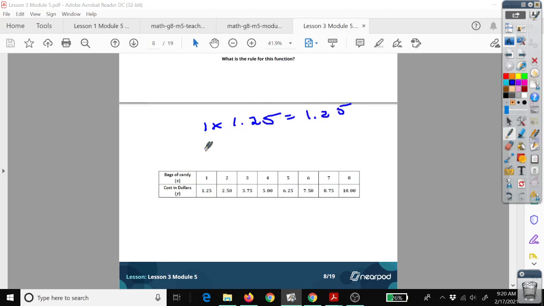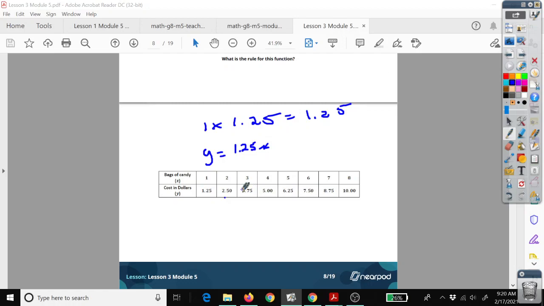So we start with the rule, the y value will equal 1.25 times the x value. We know it works for this first one. Try the second one. So 2 times 1.25 is 2.50. 1.25 plus 1.25. Cool. 3 times 1.25.